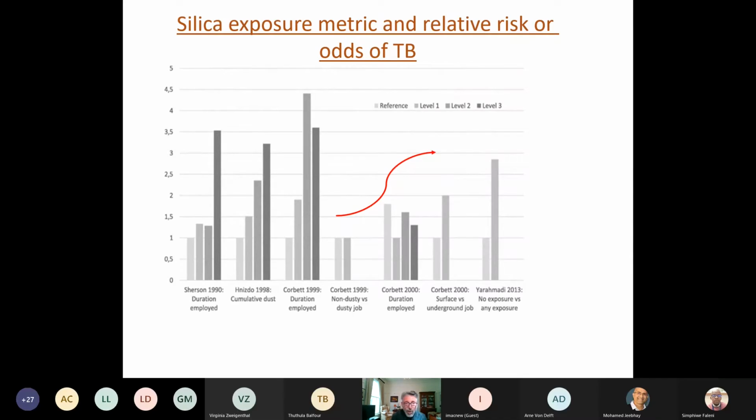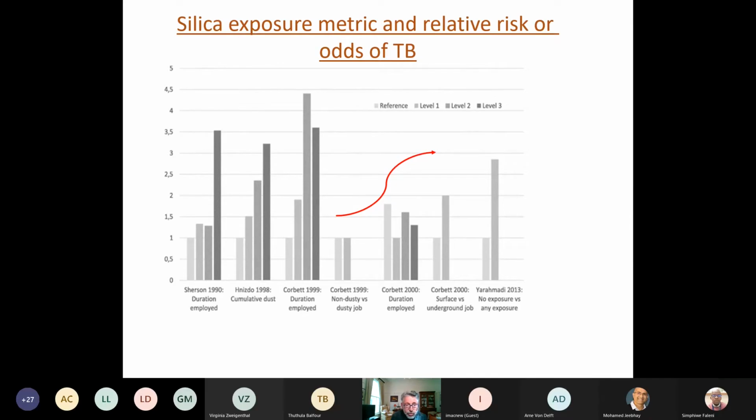In fact, there was only one cohort study which measured cumulative dust, which is both the length of service and the intensity of silica exposure, by Ivan Nijdo and others in a study of South African gold miners, 1998, and that's the second study presented here. You can see a smooth monotonic effect for the increments in cumulative dust histograms.